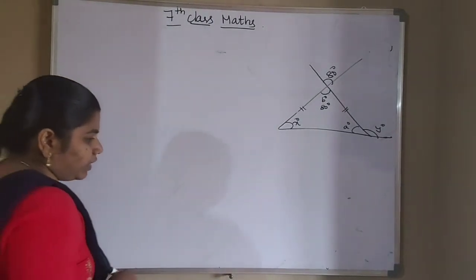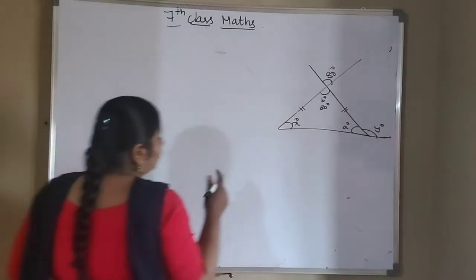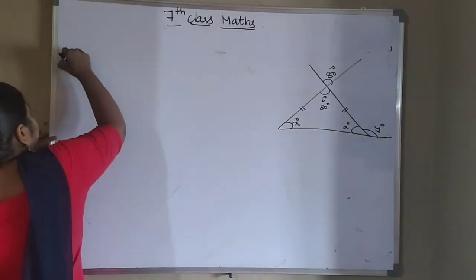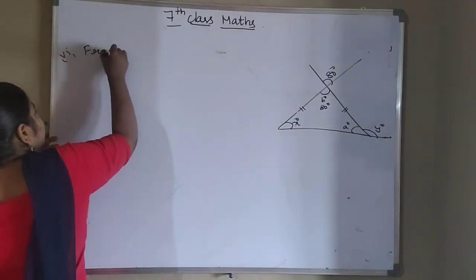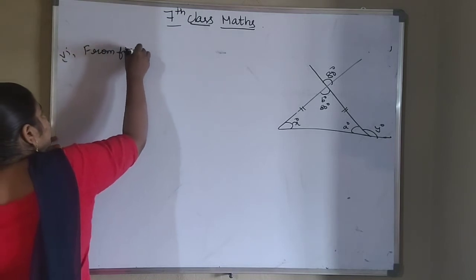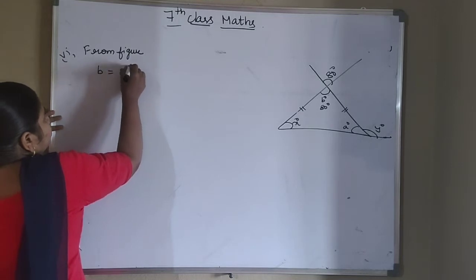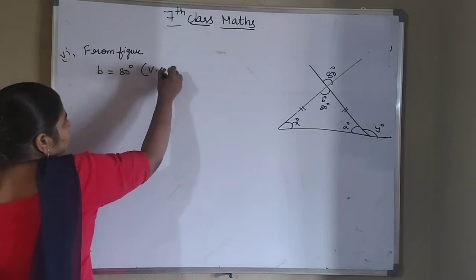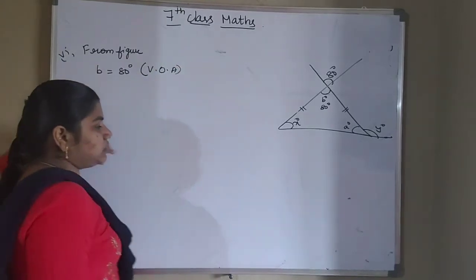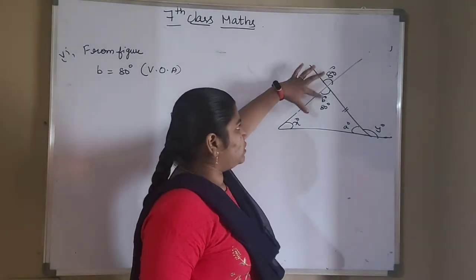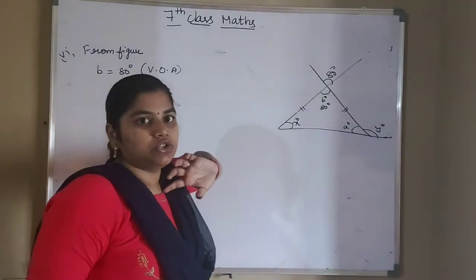So what have we taken first? From the figure, we can take B is equal to 80 degrees because they are vertically opposite angles. So these two are vertically opposite angles. So the B value will be equal to 80.